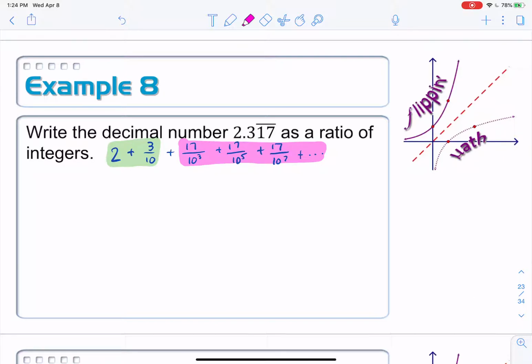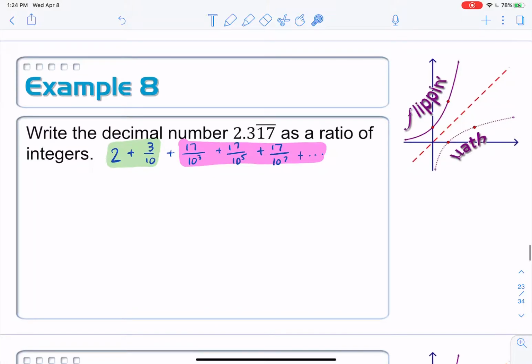And the bottom just keeps multiplying by 10 to the second power. That is true for the 10 on the bottom of this 3, however, 3 times something's not going to give us 17 and have a common ratio. So, like I said, we're just going to shove that stuff out to the front. And let's just go ahead and simplify it.